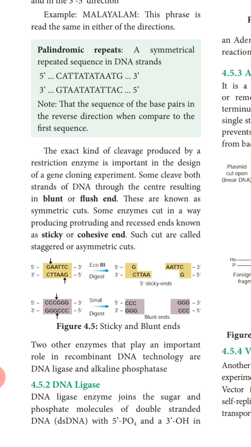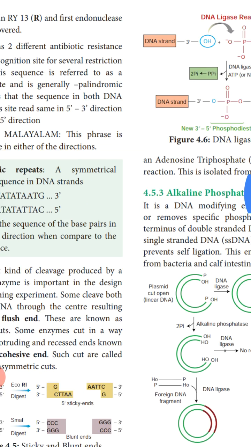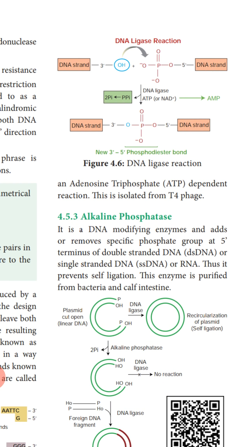Next, we are going to study the next type of enzyme which has a role in genetic engineering, DNA ligase. DNA ligase enzyme joins the sugar and phosphate molecules of double-stranded DNA with 5' PO4 and 3' OH in an adenosine triphosphate dependent reaction.